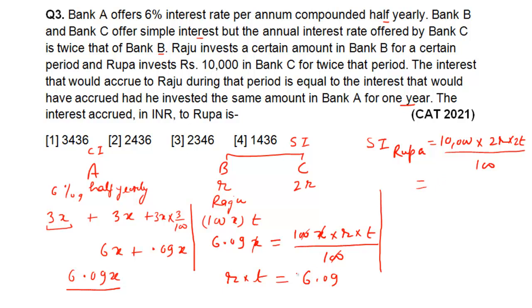We already have r into t as 6.09, so we put that value here. We get 10,000 multiplied by 4 multiplied by 6.09 divided by 100. This calculation will give you 2436. So 2436 is the simple interest for Rupa, and option 2 is correct.